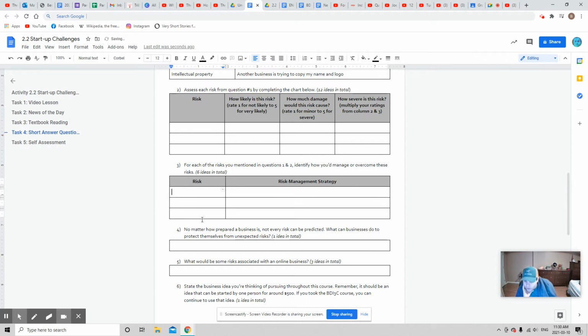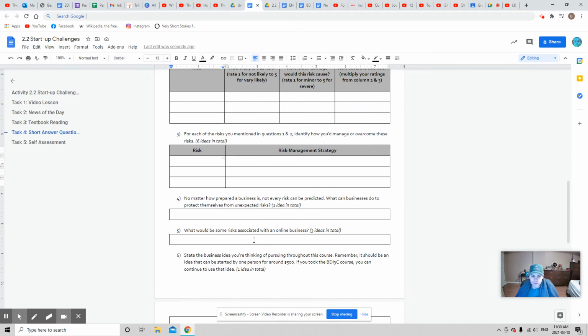However, no matter how prepared a business is, not every risk can be predicted. What can businesses do to protect themselves from unexpected risks? For example, I don't think any business predicted COVID from happening or a global pandemic from happening. So what can businesses do to protect themselves against the unexpected? What are some risks associated with an online business?